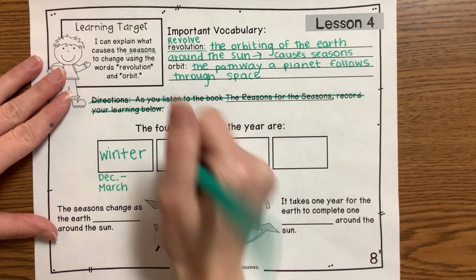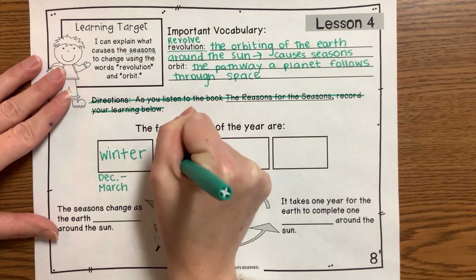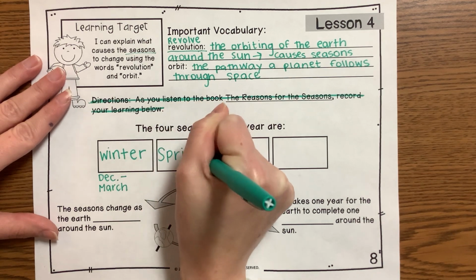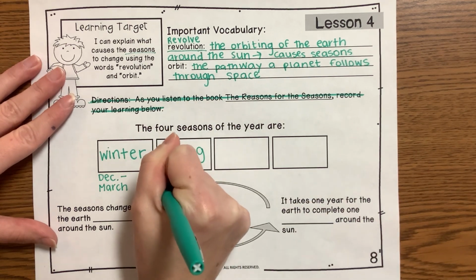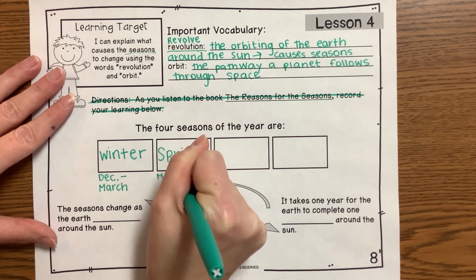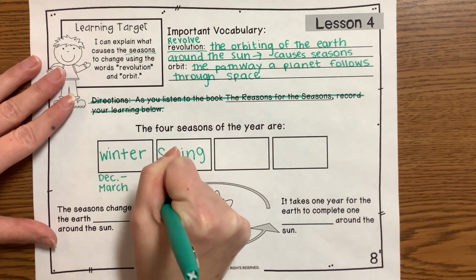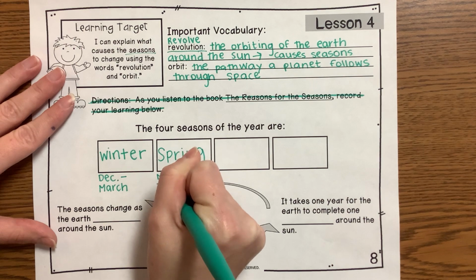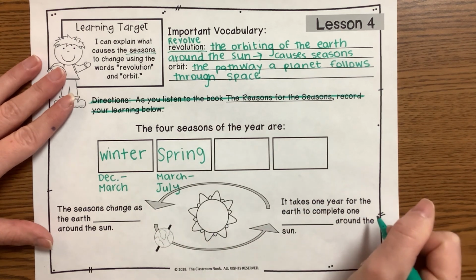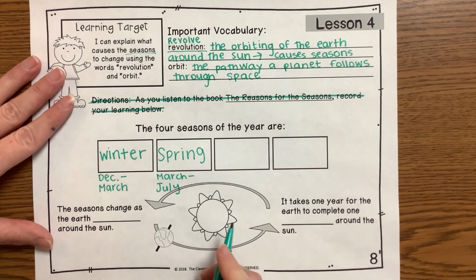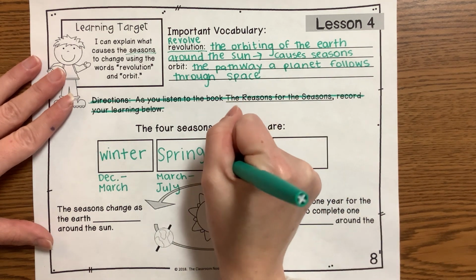After winter comes spring. Spring is from March to July. Yeah, it's July. After spring comes summer, my favorite.